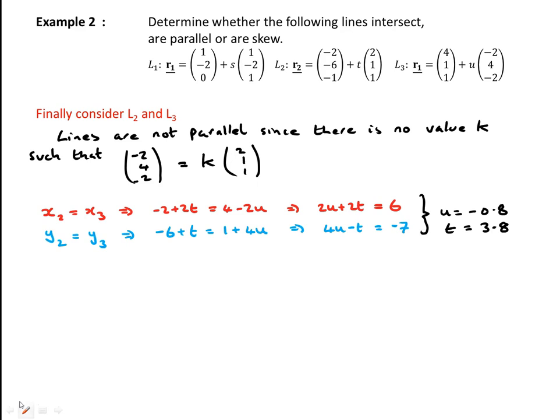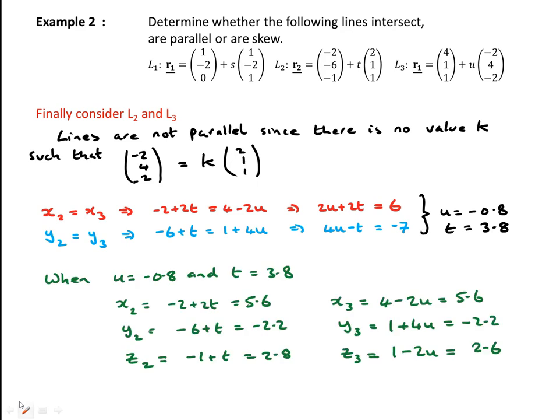Now if I have t equals 3.8 and u equals minus 0.8, then x2 is minus 2 plus 2t, which is 5.6. y2 is minus 6 plus t, which is minus 2.2. z2 is minus 1 plus t, which is 2.8.